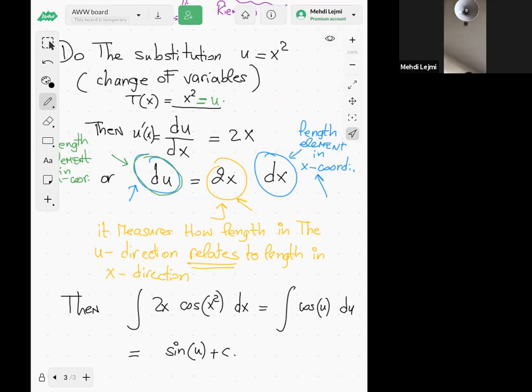So all we are saying here, guys, is that using this substitution, the integral is now easy to evaluate, right?